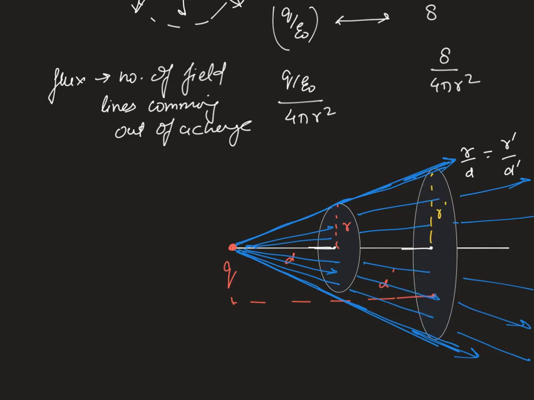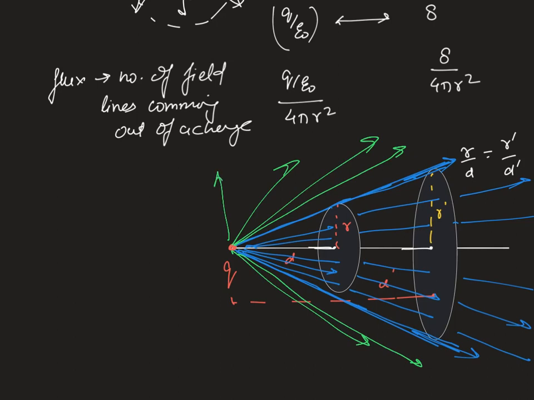There are other field lines also. I'm not saying there aren't any more field lines. There could be some field lines like this. But if a field line doesn't cross the smaller disk, it also doesn't cross the larger disk. So you have a lot of field lines going in other directions.